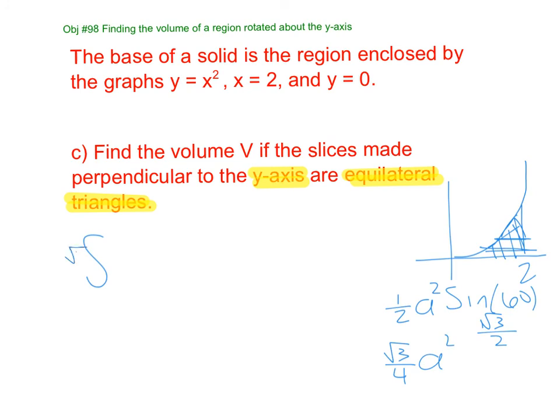My root 3 over 4 disappeared. 0 to 4 of a squared. So what is my a? That's this distance right in here. That's our base, and that's exactly the same as it's been in the last 2 problems: 2 minus the square root of y dy. So my final decimal for this one is 1.155. And that's it.